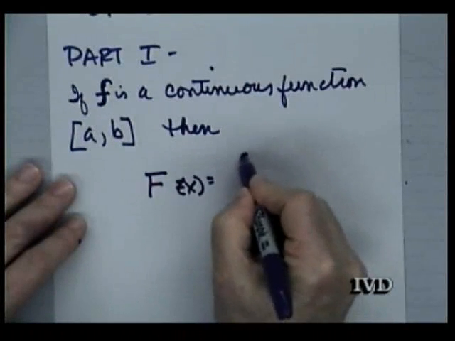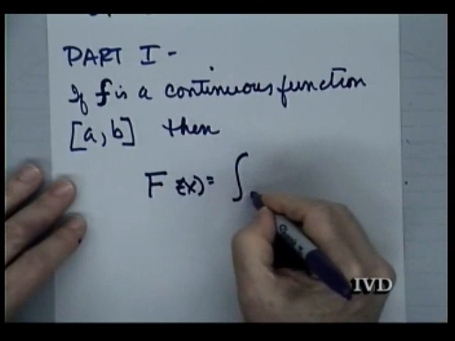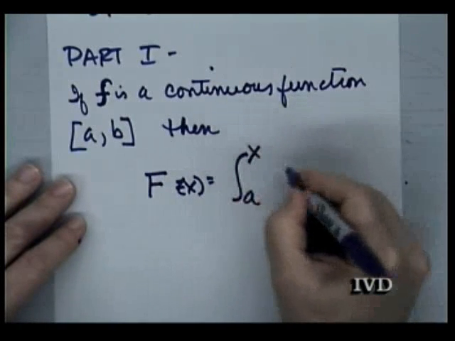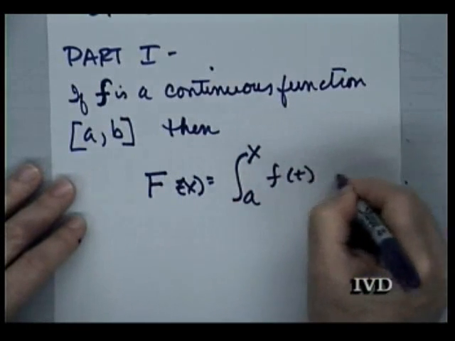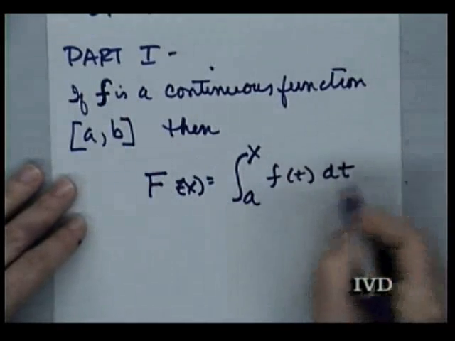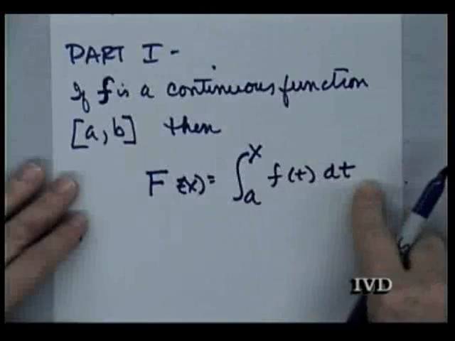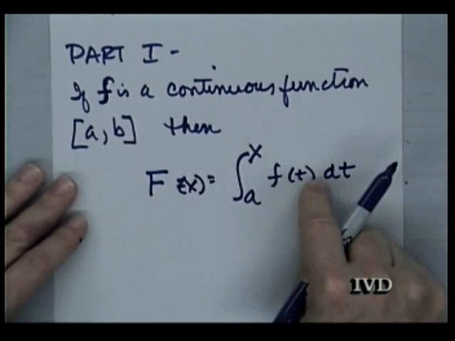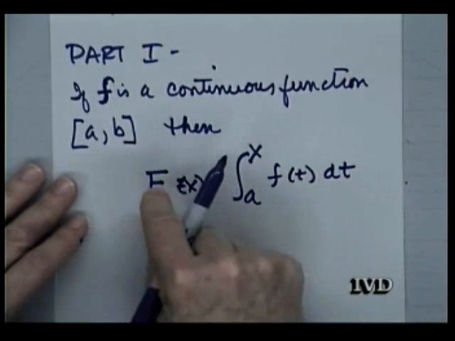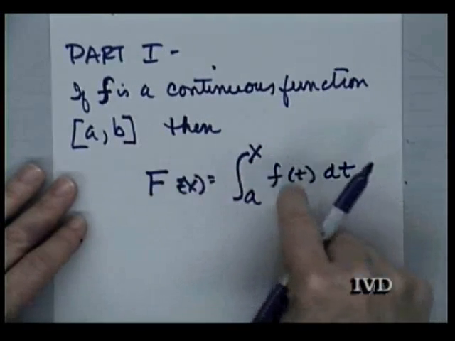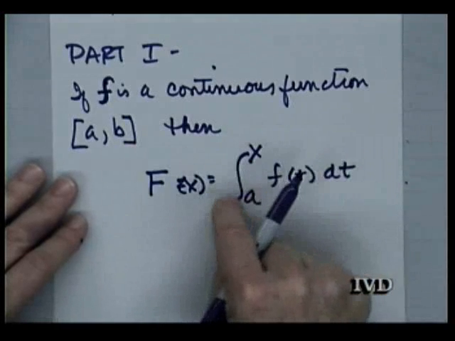F of x is equal to the integral from a to x of f of t dt. Now I've got a dummy variable t here. What this says is I can make a big F function out of the little f function by taking its integral.